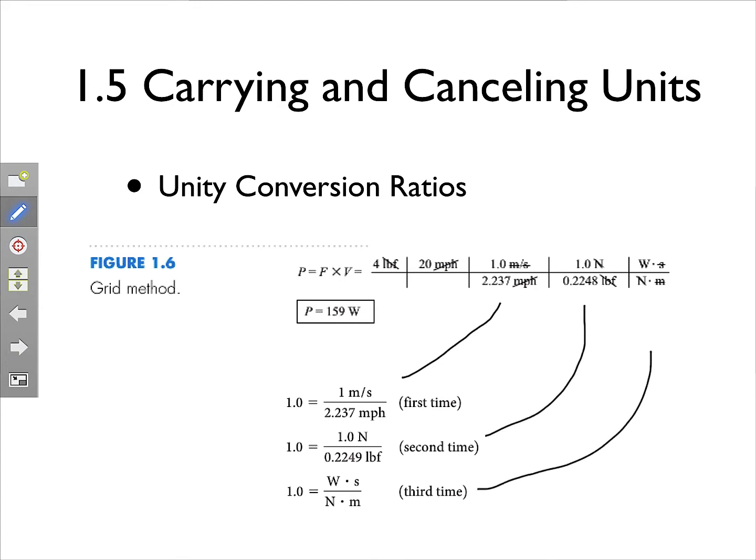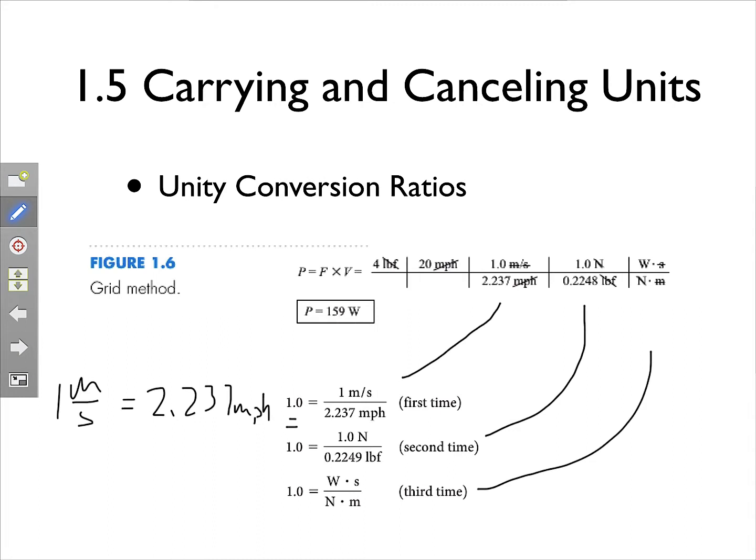And so in fact what we have is we've just solved a simple equation. We've taken 1 meter per second equal to 2.237 miles per hour, and we've divided both sides of that equation by 2.237 miles per hour. What we get out of that is 1 on the left-hand side.